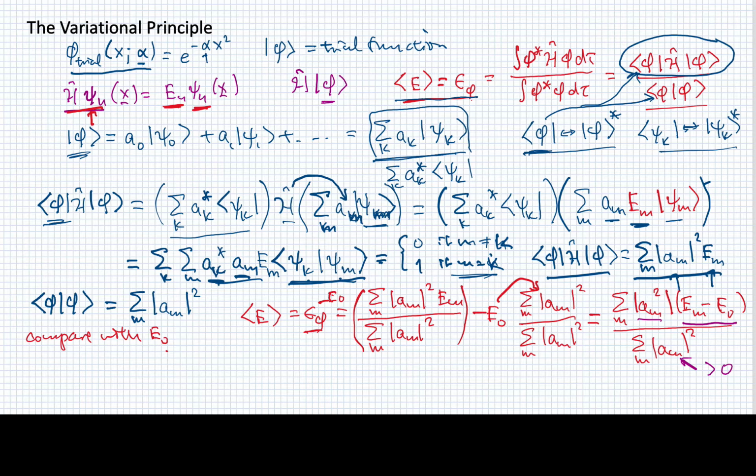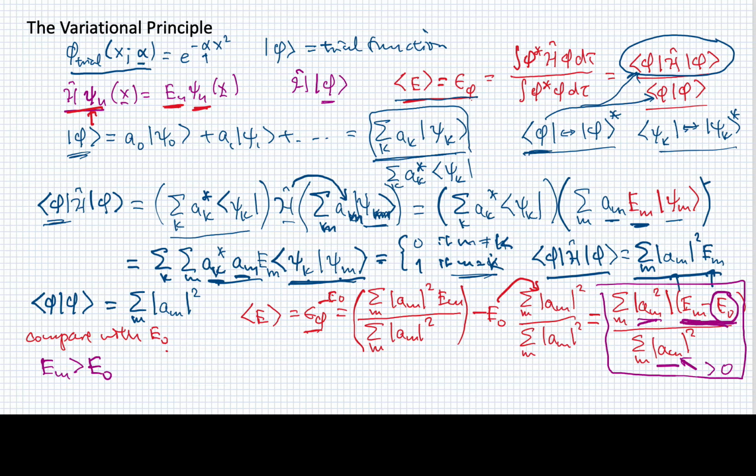What about this quantity here? Well, if E0 is the lowest energy of the system, and E sub m is just the mth energy of the system, we must have that E sub m is greater than E0. So what that means now is that this thing here is positive. This is greater than 0, this is greater than 0, and this is greater than 0.